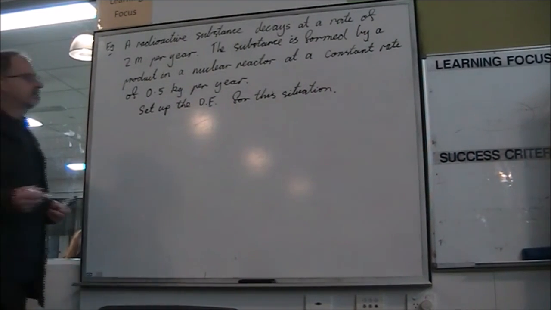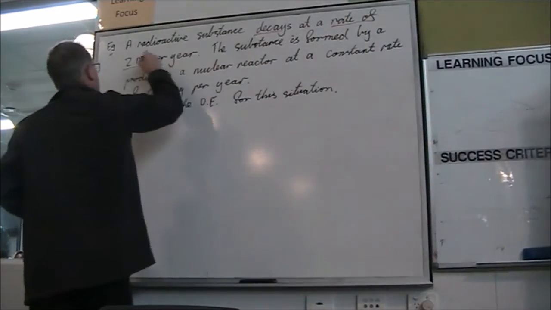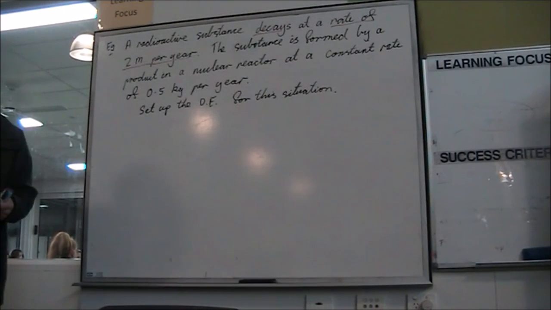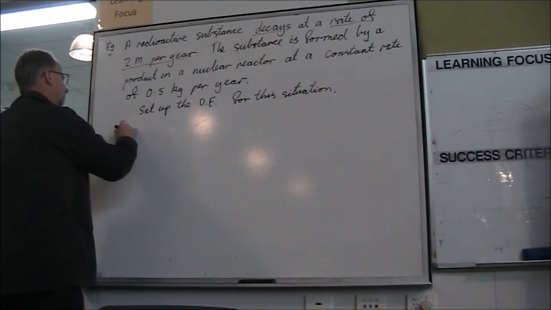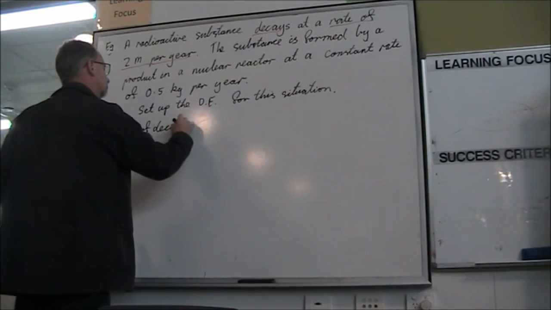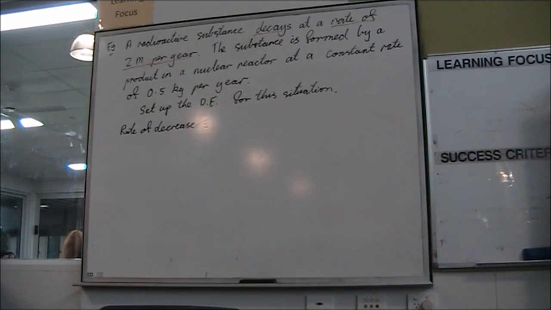All right. So when we look at this, we're saying it decays. So if it's decaying, it's reducing. So that's our rate of decrease. And you'll notice that this time it doesn't say it's proportional to anything, it just says it is.